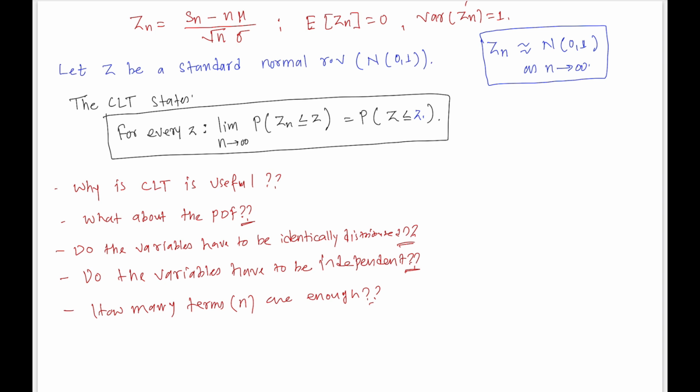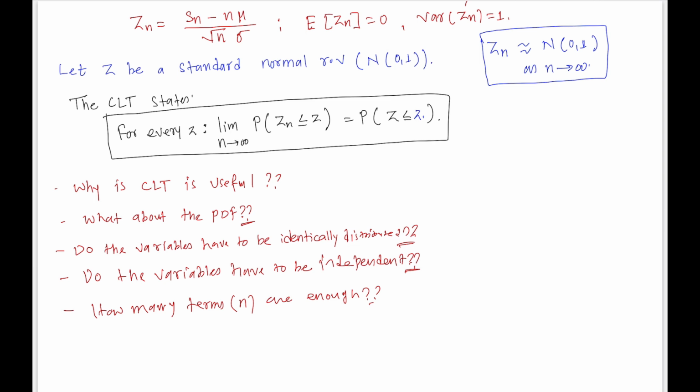But if we have a distribution with a weird shape, without any symmetry and with a lot of peaks and downs, then we need a large value of n, or a large number of variables, in order to converge to the normal distribution.